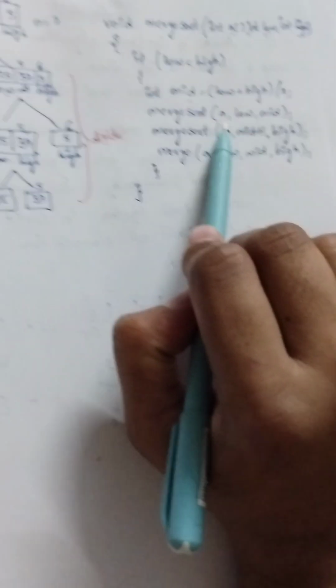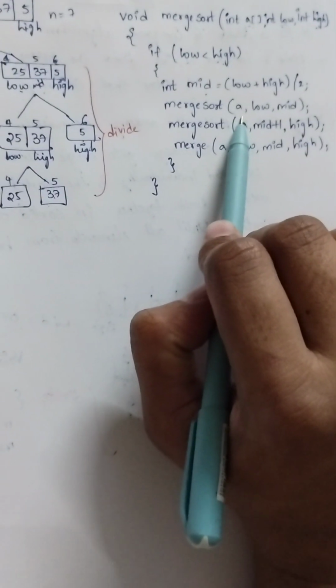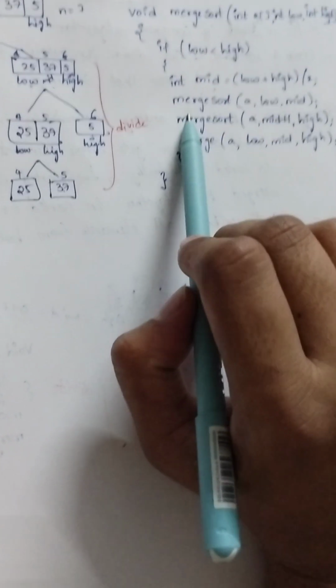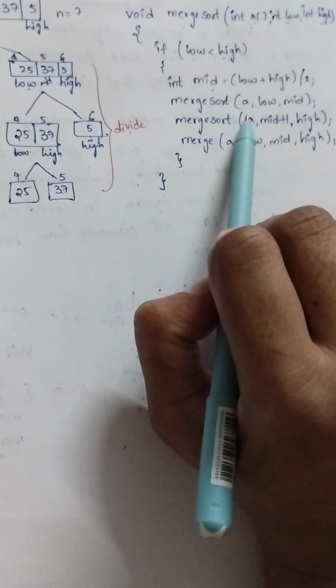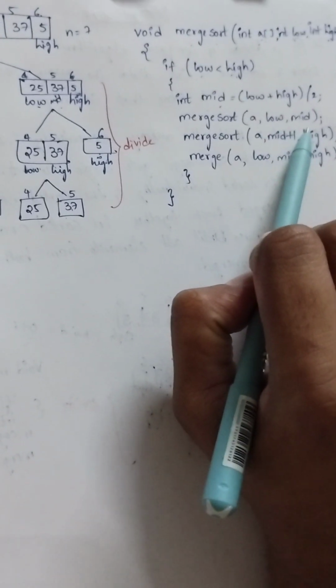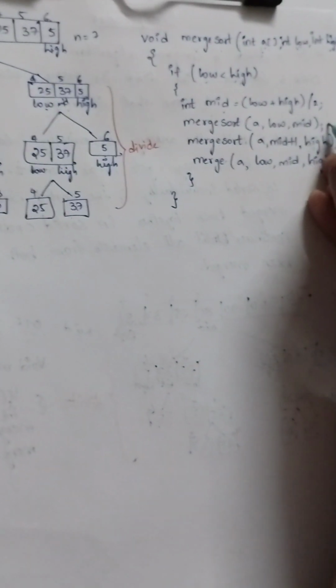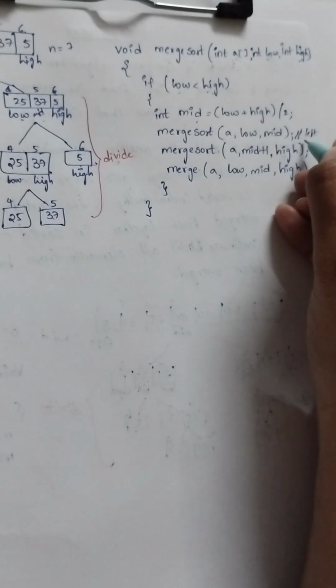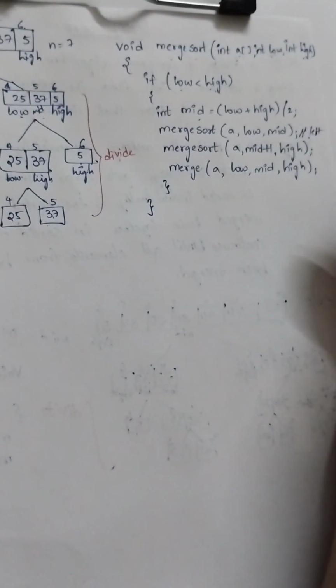So same thing here we are going to implement. Merge sort. So this function is used for what? Division only. So now merge sort of A, on array A from low to middle. This is for the left partition, and this is for what?